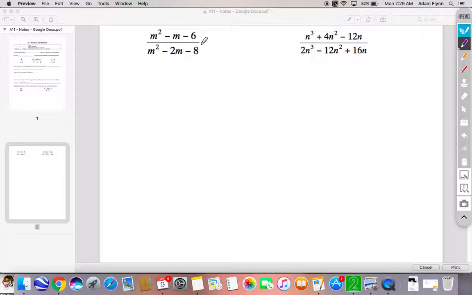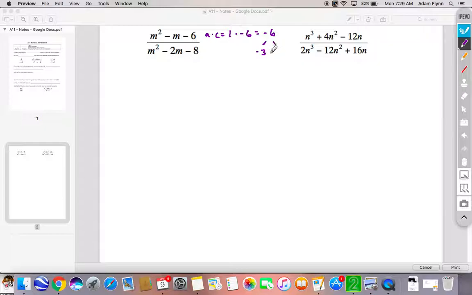Okay, so I need to factor the top and the bottom, so I'll factor the top. A times c, I know my a is 1, my c is negative 6. So a times c is negative 6, so I'm looking for factors of negative 6 that add up to negative 1.